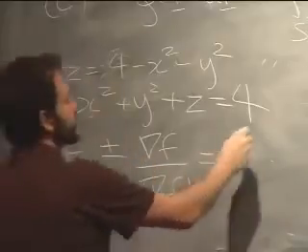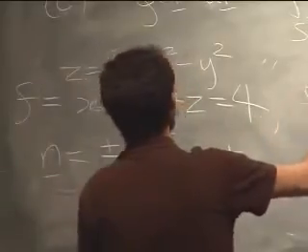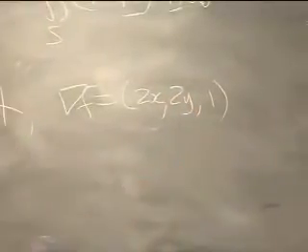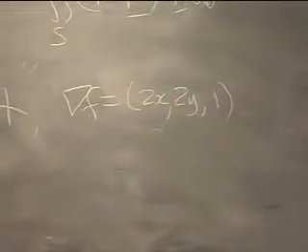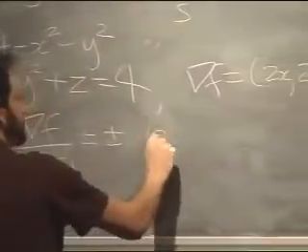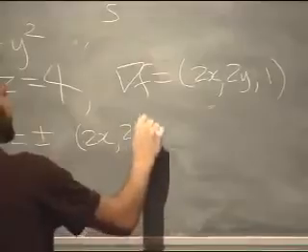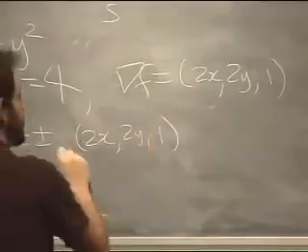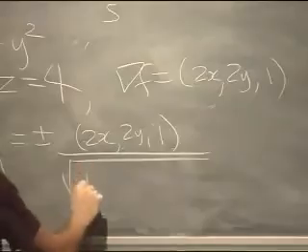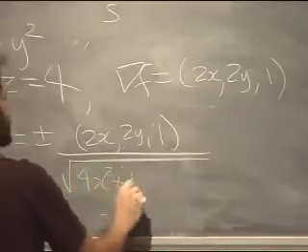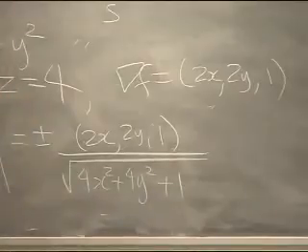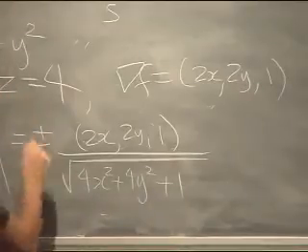So the gradient of f we better compute. It's 2x, comma 2y, comma 1. So now what do we get? It's plus or minus 2x, 2y, 1 over square root, oh, here it is again, 4x squared plus 4y squared plus 1. And as it happens, we probably want the plus because we want the normal going up.